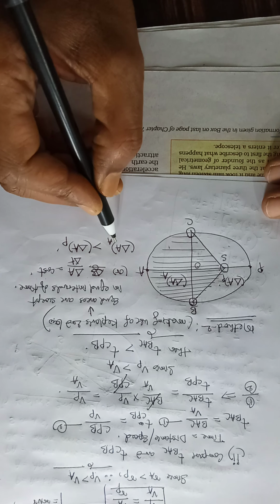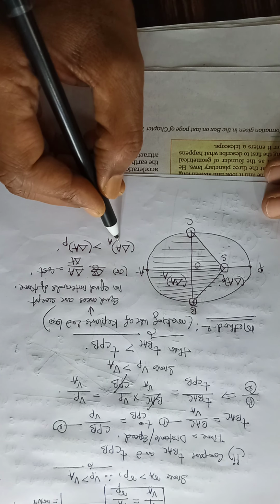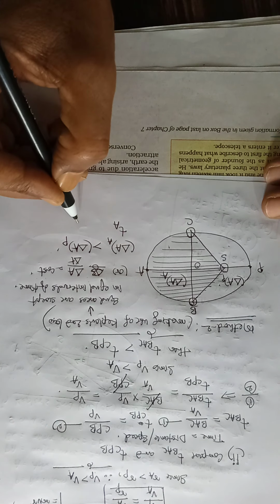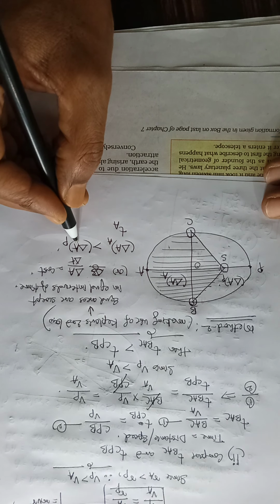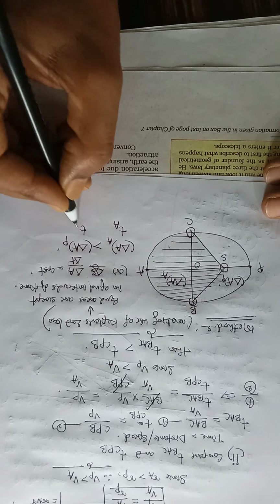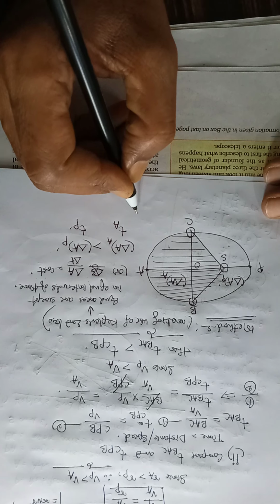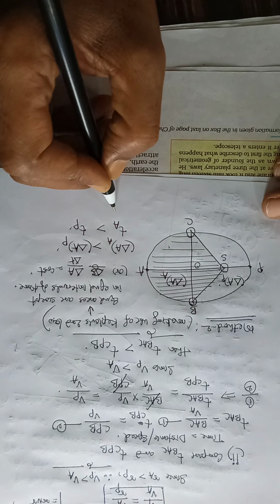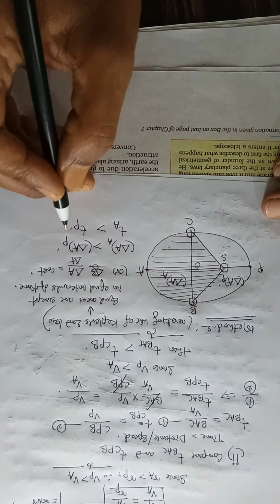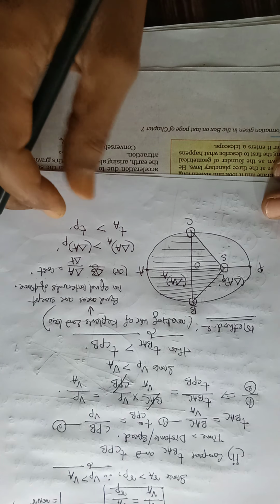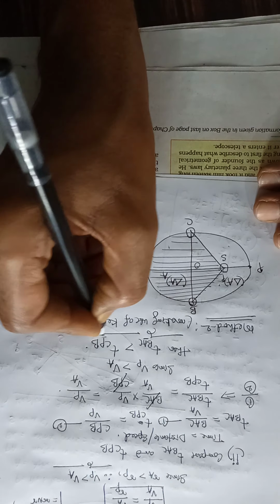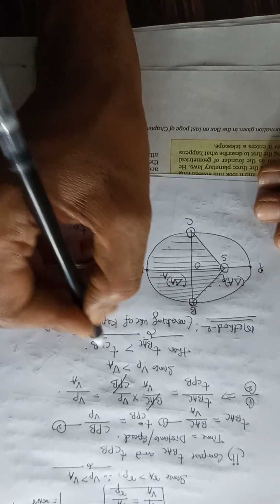So to sweep out a large area, more time is required. And here the time required is Ta, and here Tp. Ta is greater than Tp. So we proved the same thing. Ta is greater than Tp.